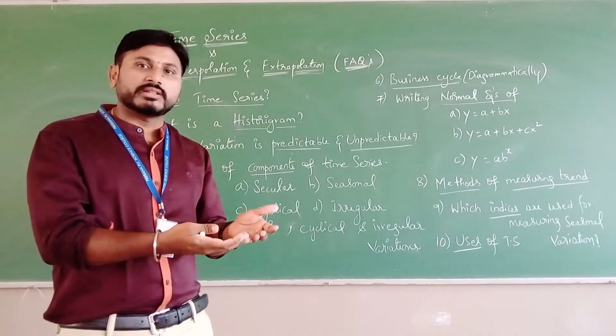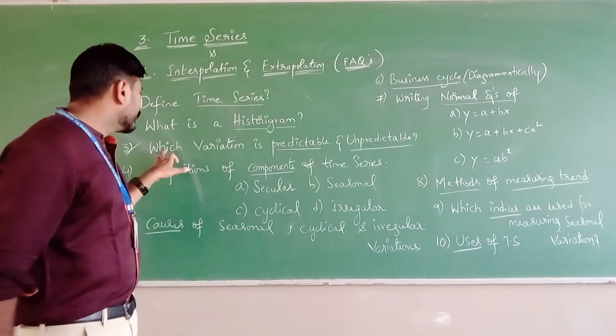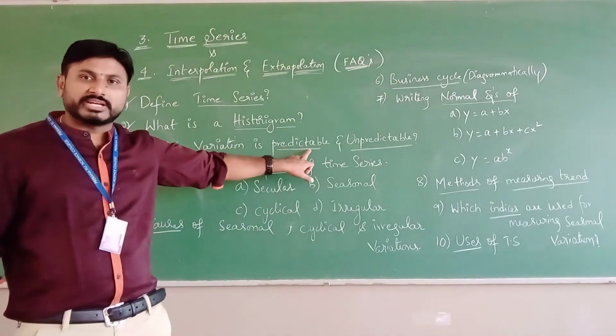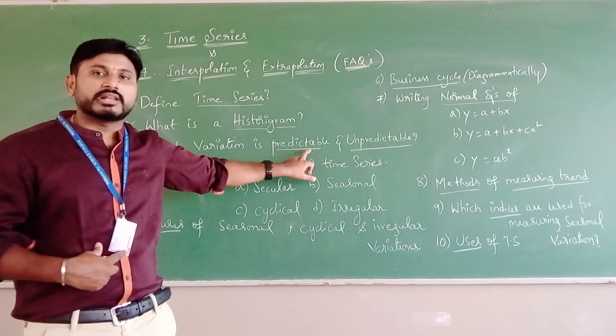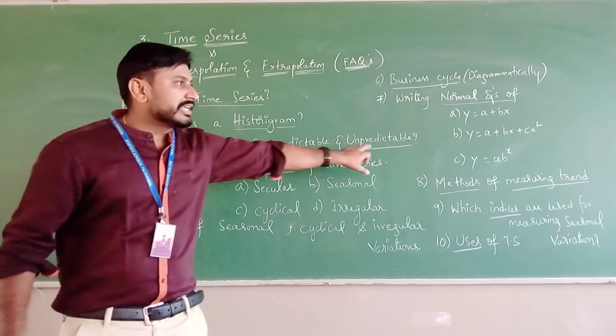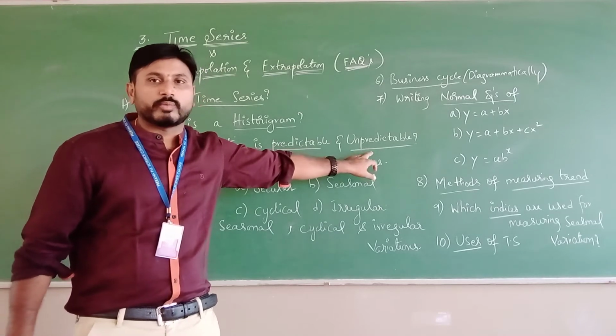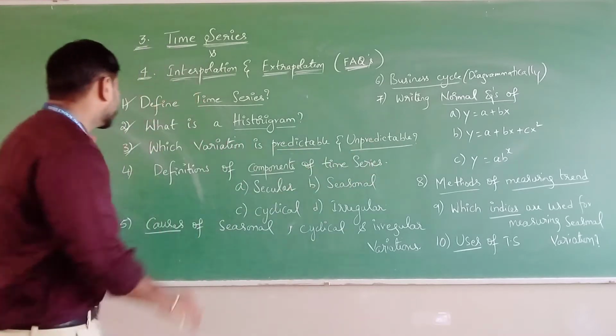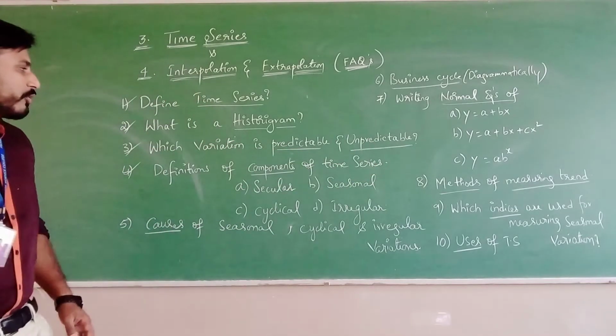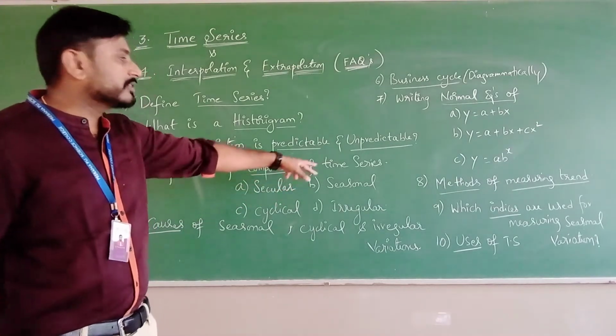That is estimating the future, isn't it? So whenever it is asked which variation is predictable, you must write seasonal variation. If it is asked which variation is unpredictable, you must write irregular variation. Are you clear?